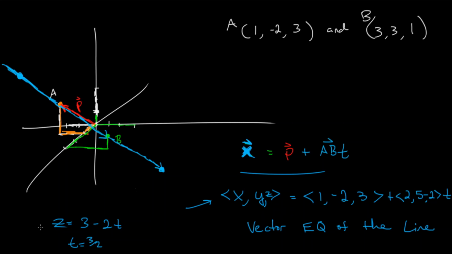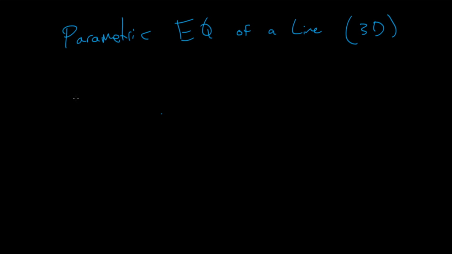All right, this idea over here does nicely segue me to my next point, and that is the parametric equation of a line in 3D. And that just comes from that vector equation.